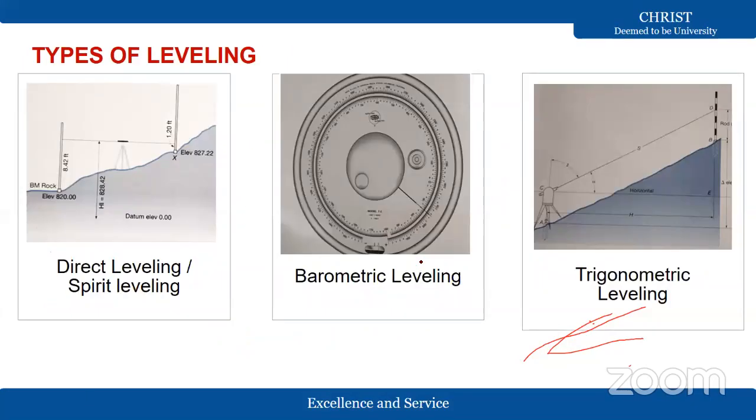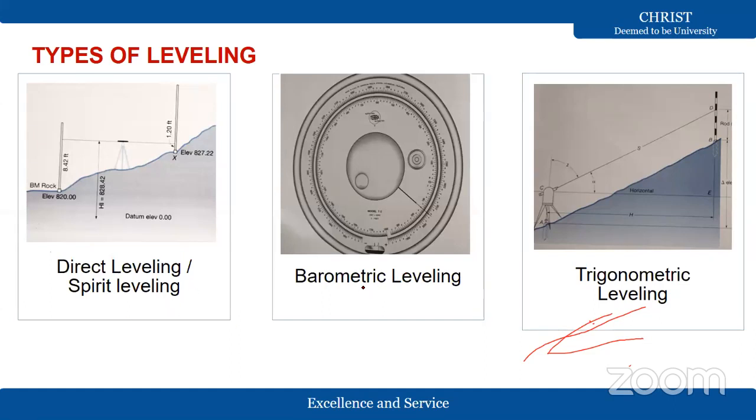Okay. Then, coming to the types of leveling, you can perform the leveling with reference to the different instruments, like direct leveling or spirit leveling, then barometric leveling, then trigonometric leveling. Direct leveling or spirit leveling, this we are going to discuss, and in most of the institutes we have direct leveling only right now.